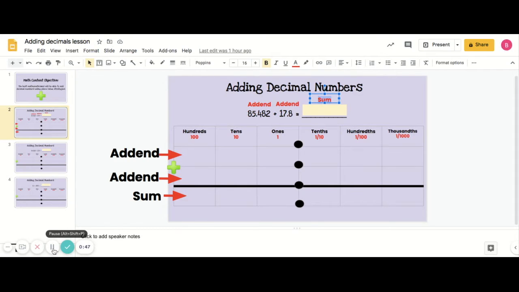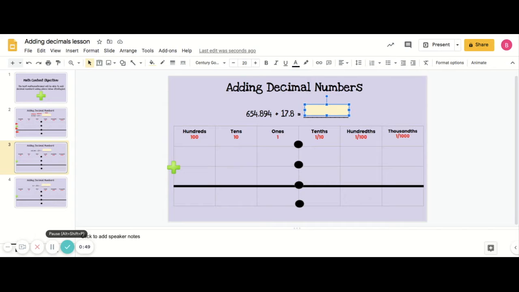The first thing that you are going to do when adding decimal numbers is take our first number here and correctly put it in our place value chart.